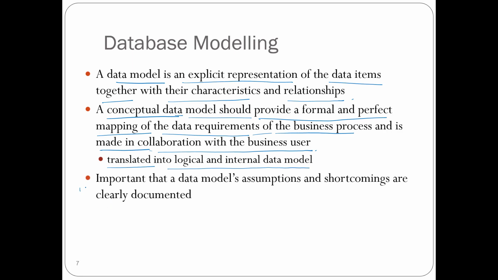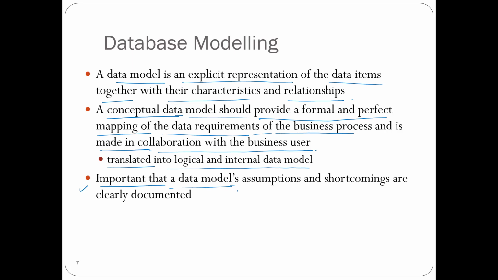Then, about the conceptual data model: the conceptual data model is not stored in the catalog. Therefore, it is important that the data models, here it is more about the conceptual data model, and it can be applicable to other data models as well.